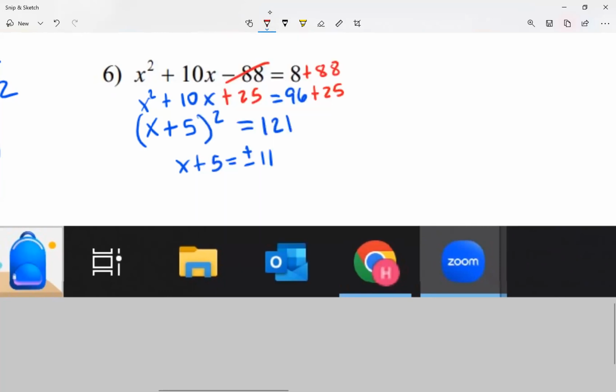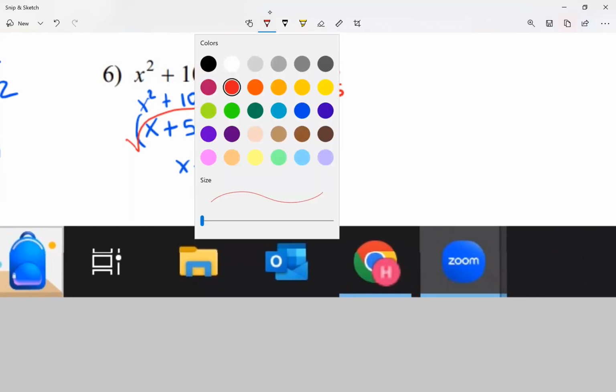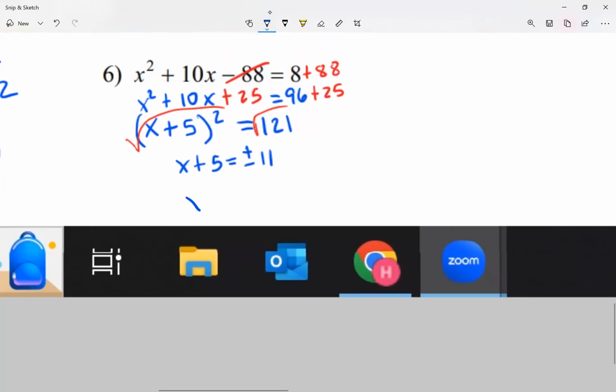Remember that I did the square root on both sides. So I'm going to say that x is equal to negative 5 plus or minus 11. Right? Don't forget to switch the sign on the 5, right? So negative 5 plus or minus 11. So my two solutions will be 6 and negative 16.